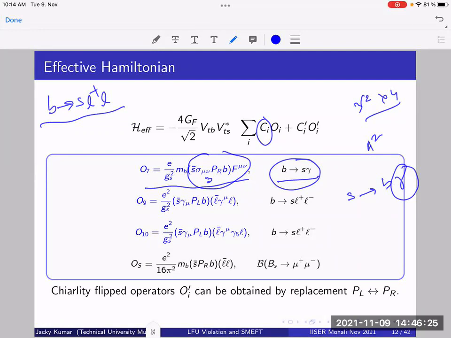At this point, when I write O7, O9, O10, or OS, I'm trying to write the most general effective interactions.